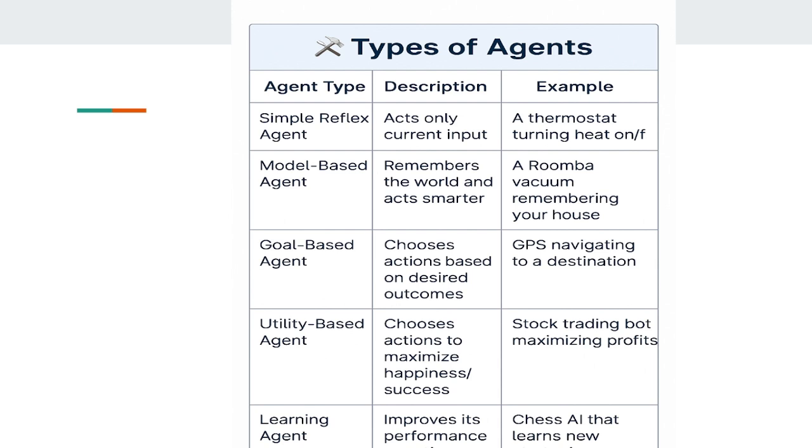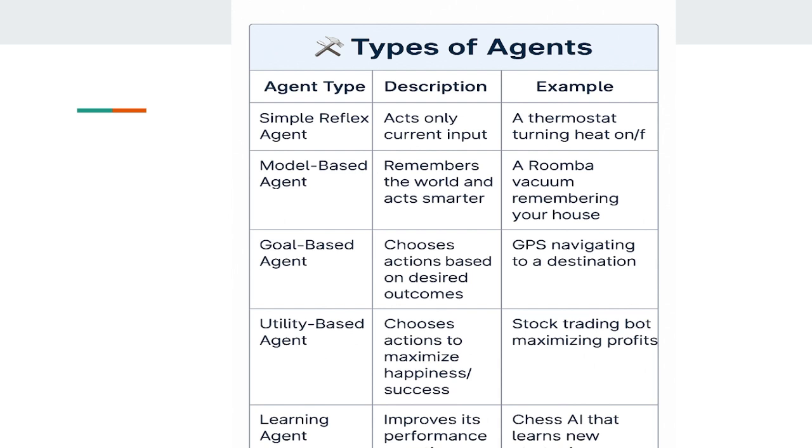And as many of us know, especially driving in LA, what could be the fastest option at one point in time can always change at a moment's notice. So this is just an example of goal-based agents. It's able to constantly change its actions.